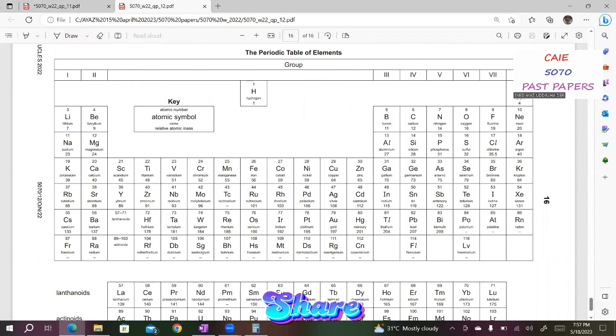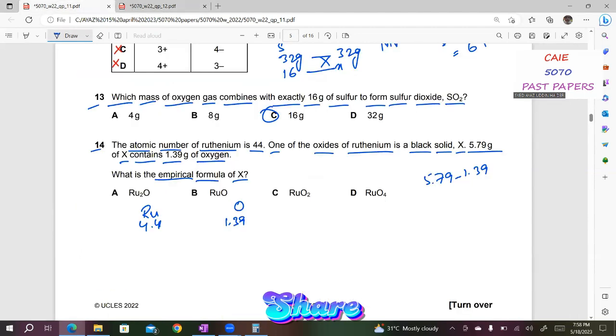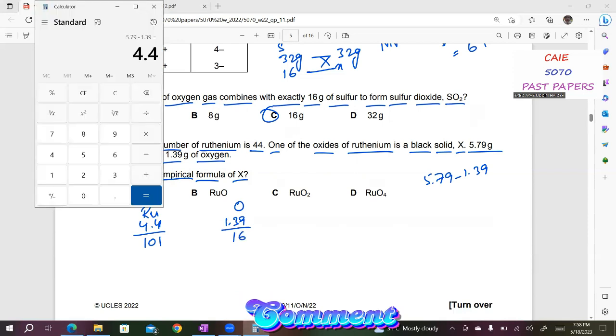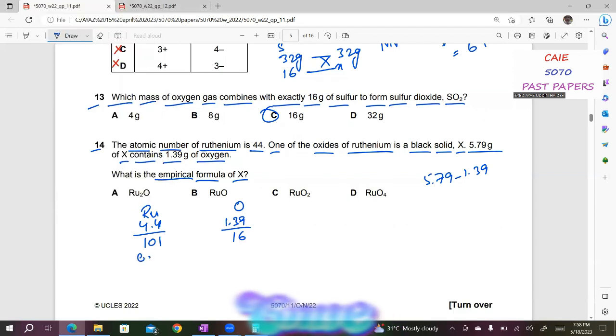Where is ruthenium? Here you'll find the ruthenium. The mass of ruthenium is 101, so you'll divide it by 101. What about oxygen? It's 16. So 4.4 divided by 101, you will get 0.043.